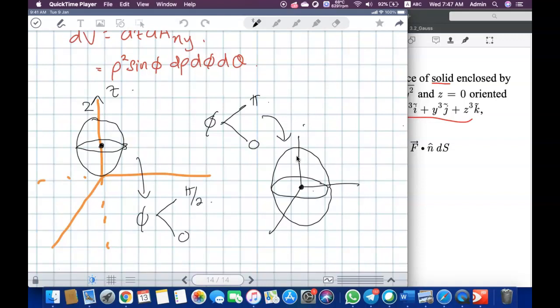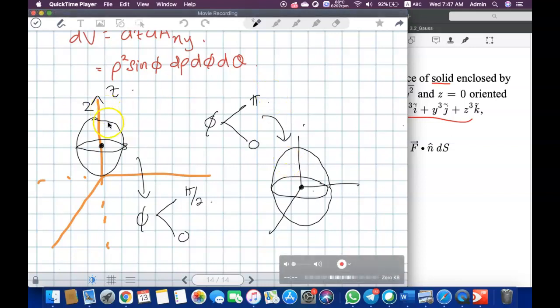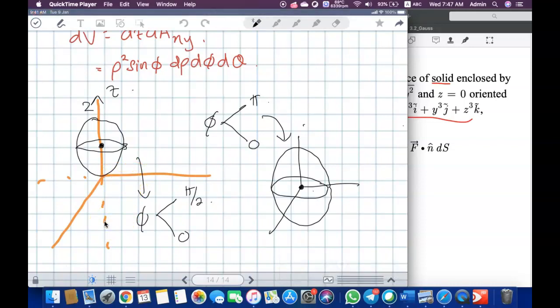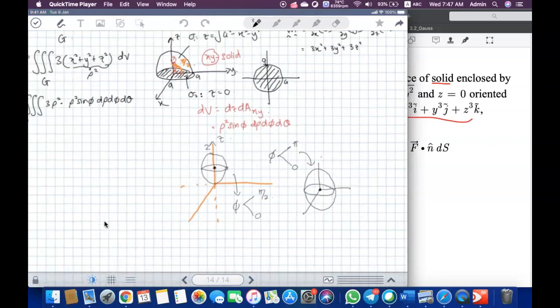Still the same, phi does not change. Still 0 to 90 degrees, that is for octant 1 to octant 4. And for phi from 90 to 180 down here, that is for octant 5 to octant 8. So you have to take note of that.